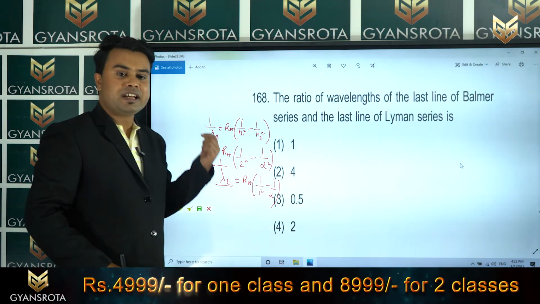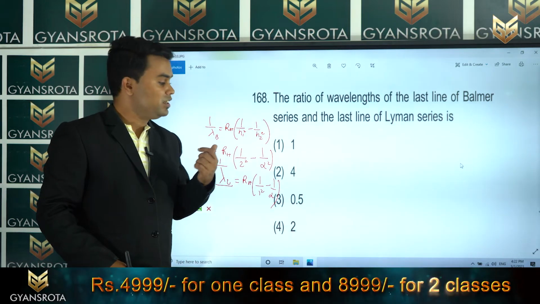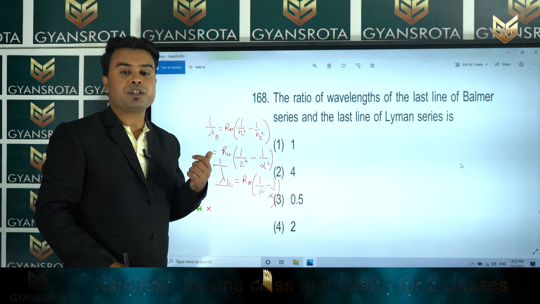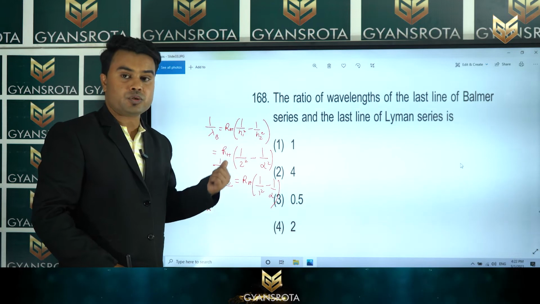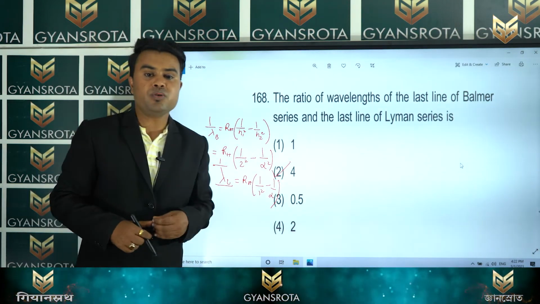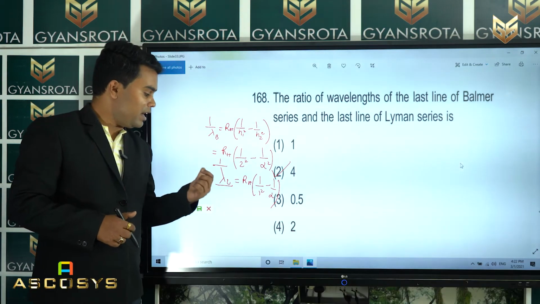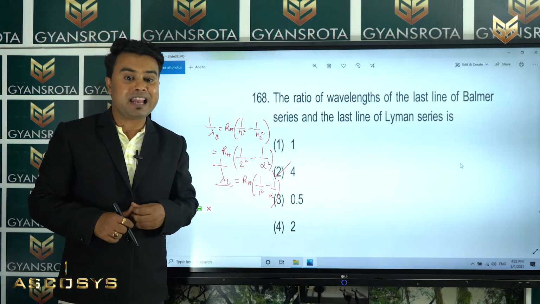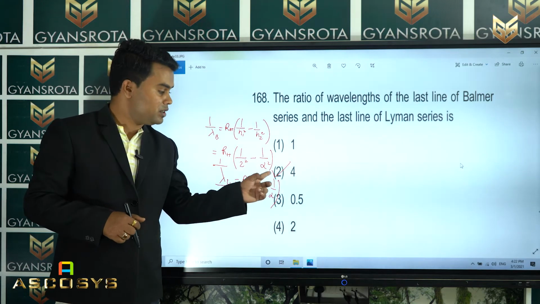Just take the ratio of these two, and you will see your answer is option number 4. So the answer is 4:1, that is lambda B by lambda L will be equal to 4:1. This is the correct answer.